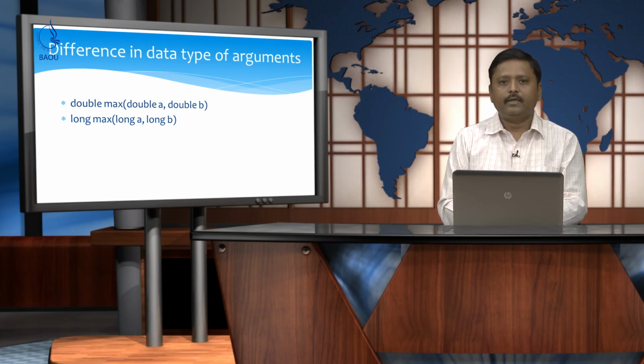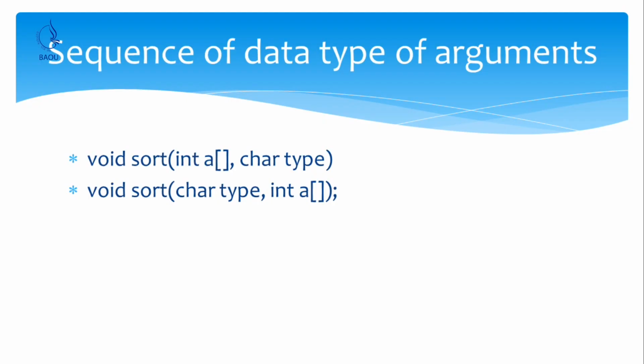Now, we discuss the third case, where the sequence of data types is different. As I mentioned earlier, the sort method sorts an array of integers provided as an argument, and the second argument specifies whether we want to sort the array in ascending or descending order.